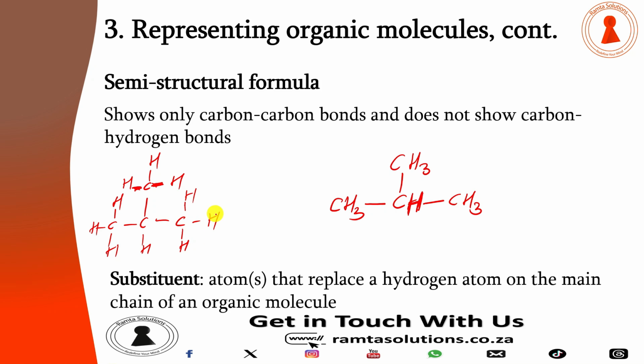When they are replaced, another atom can be added, be it hydroxyl, oxygen, nitrogen, a halogen, and so on, or what we call alkyl substituents. Substituents are basically atoms that replace a hydrogen in your organic molecule.